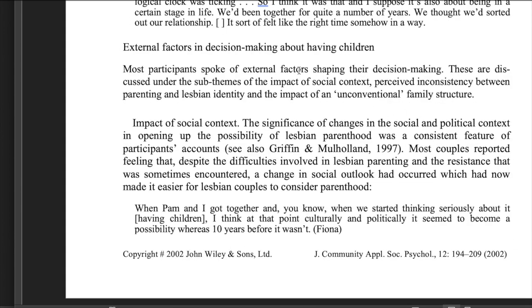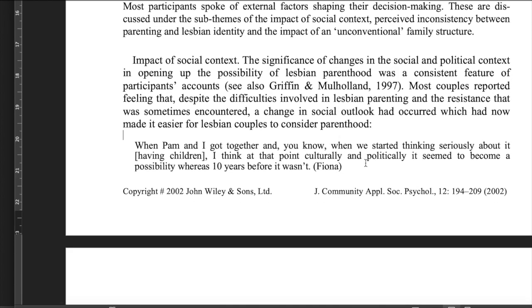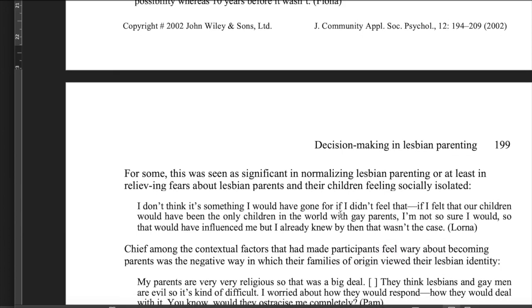Right, so here's another theme. Excerpt, and then these are the elaborations.